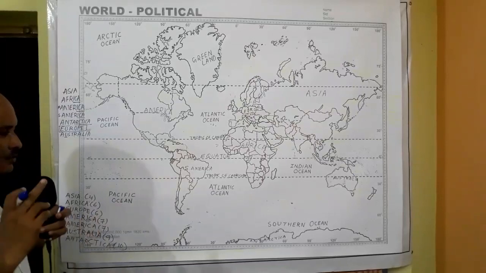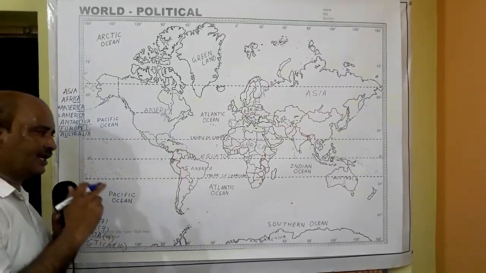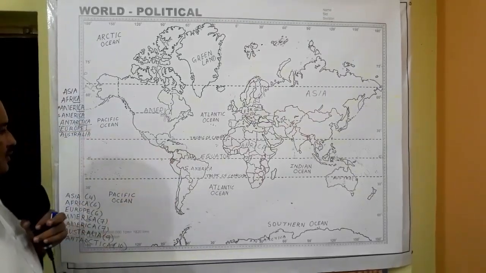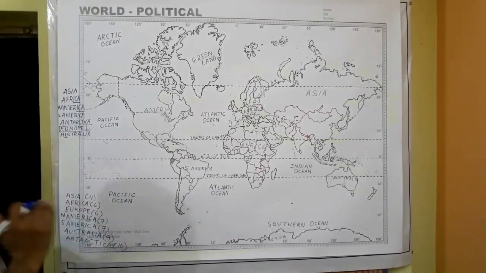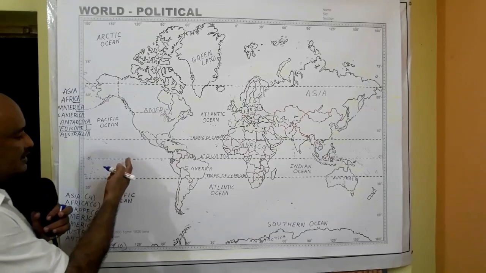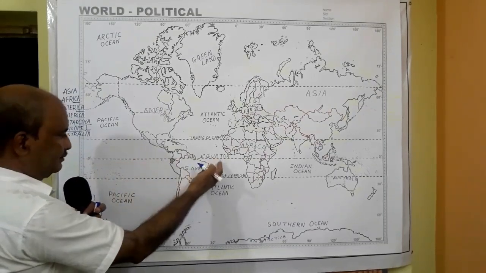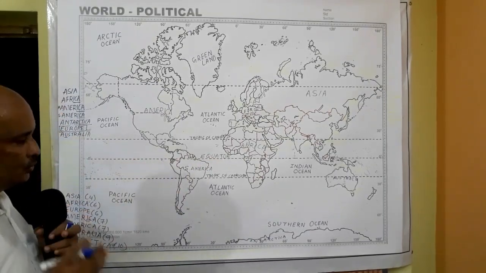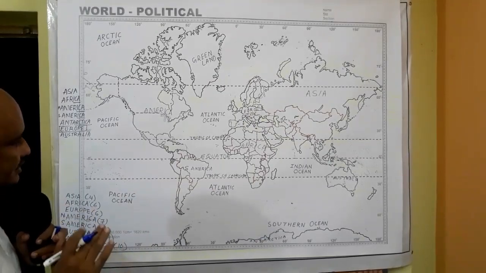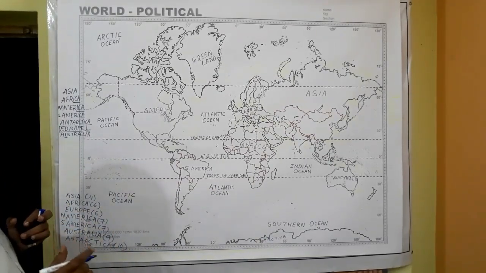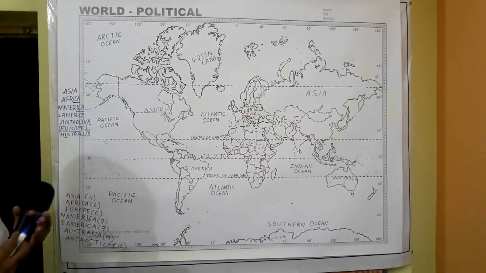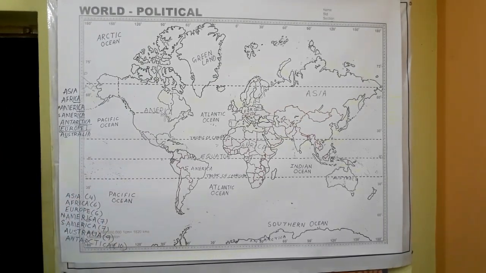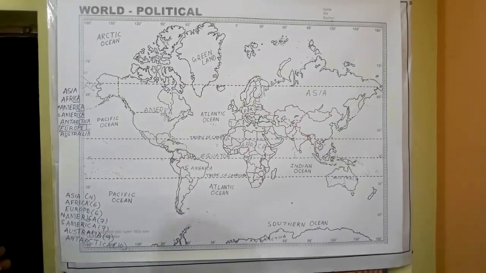So there is one country which is named after the equator, and that is in South America, the country is Ecuador. So now this particular equator, the 0° latitude, passes through some countries. Now I will show with the help of a pointer so that it will be easily understandable.